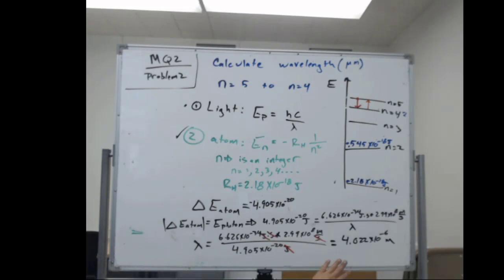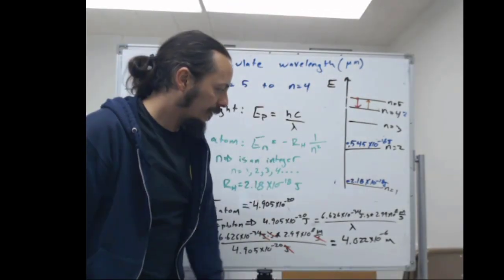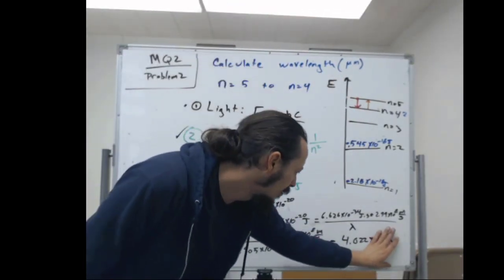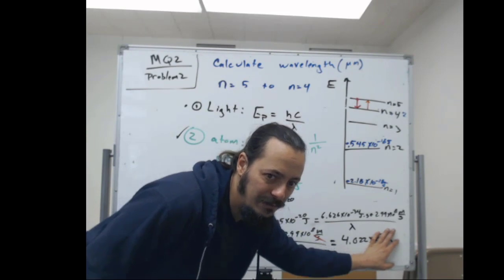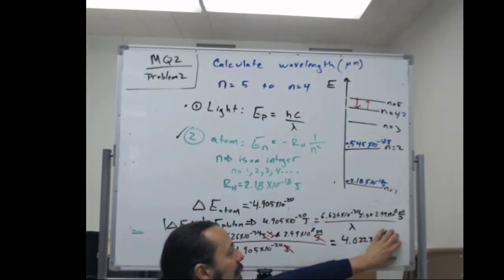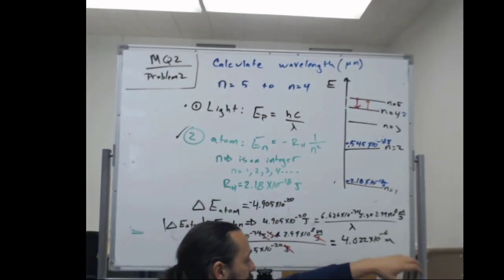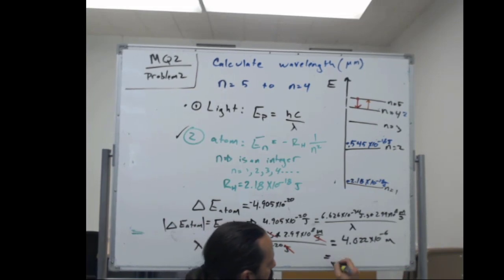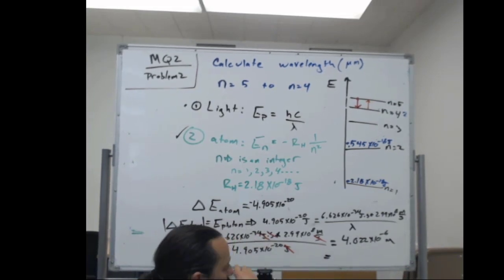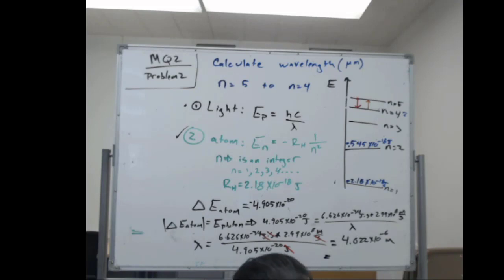Now, this problem specifically wants it in micrometers, but then it's just 4.022, because a micrometer is 10 to the minus 6 meters. Did that make sense? Yeah, but since I have different numbers from yours, I'm just trying to make sure that I'm following all the steps.